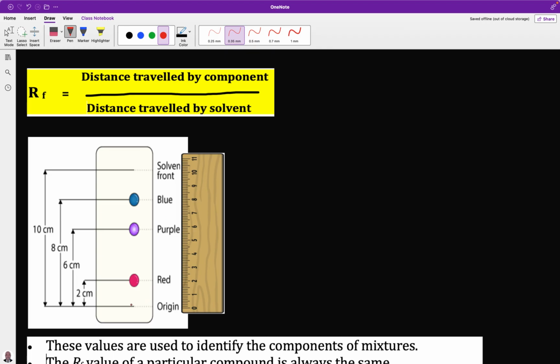Now, the distance traveled from the pencil line, or the baseline, for red was 2 centimeters. The distance traveled by the purple component is 6 centimeters, and the distance traveled by the blue component is 10 centimeters.